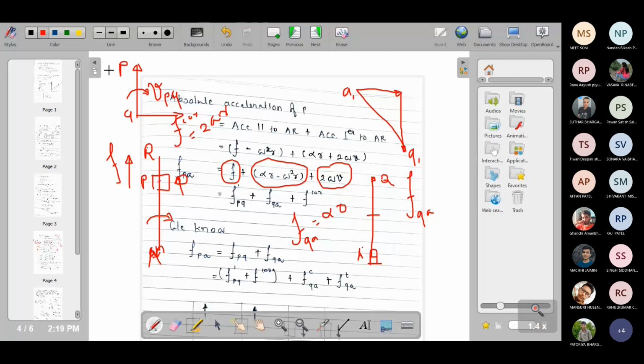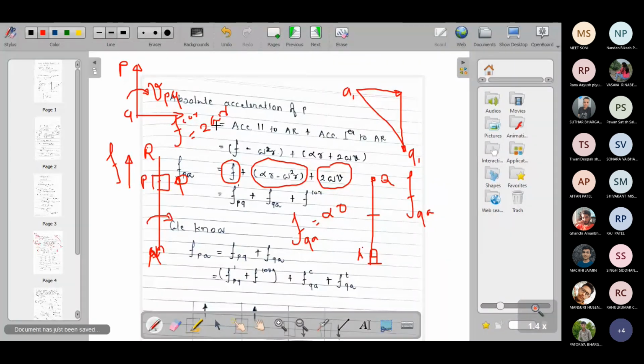What do you need for this? You need the velocity diagram, because you have to rotate the vector velocity of point P with respect to Q. Where will you get that? From the velocity diagram. And that vector you have to rotate 90 degrees in the direction of omega. Then you will get the direction, and the magnitude you can find using the formula 2 omega r.